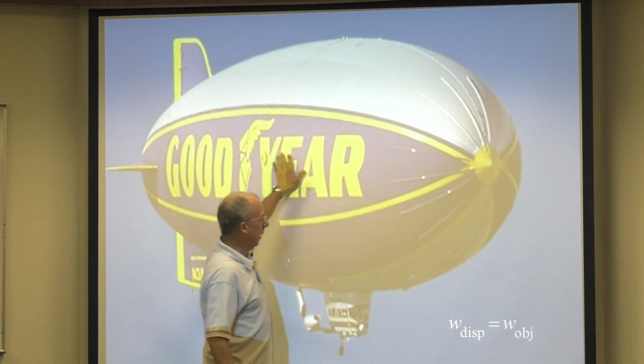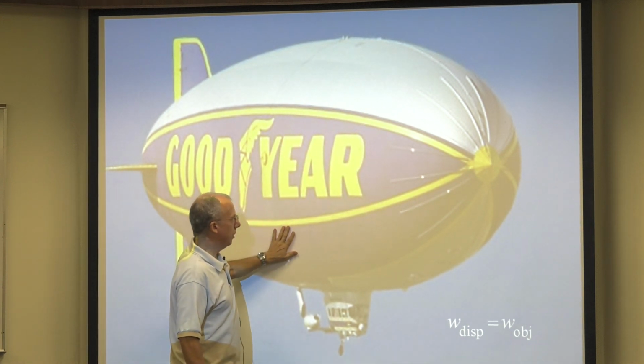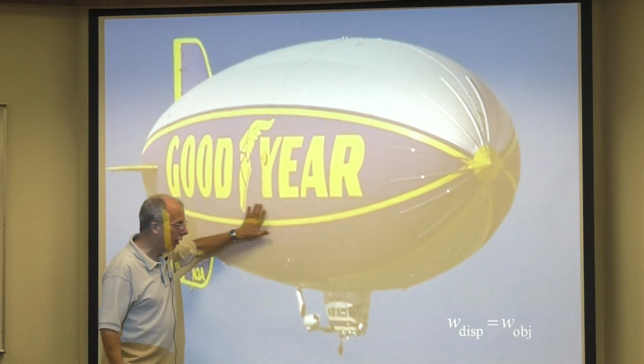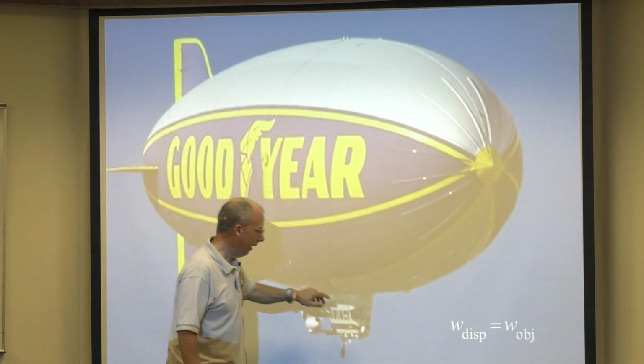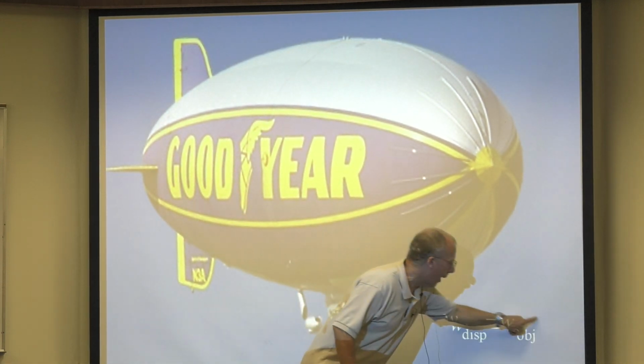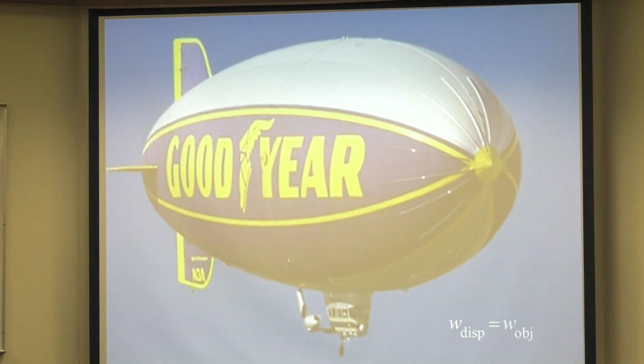So in order for the buoyant force on this blimp to equal the weight of the blimp, you've got to displace a lot of air. So the weight of the displaced air equals the weight of the blimp. So it has to displace a lot of air.